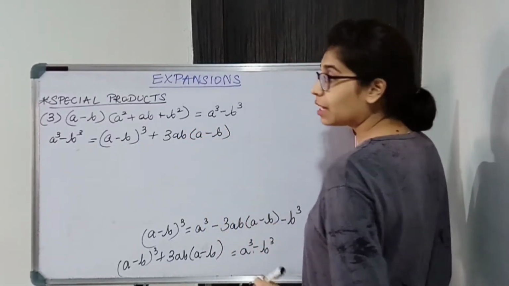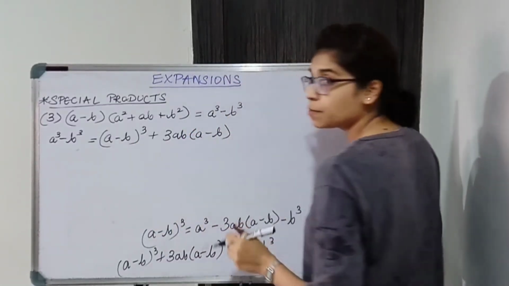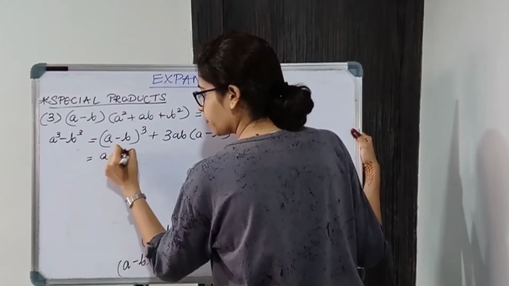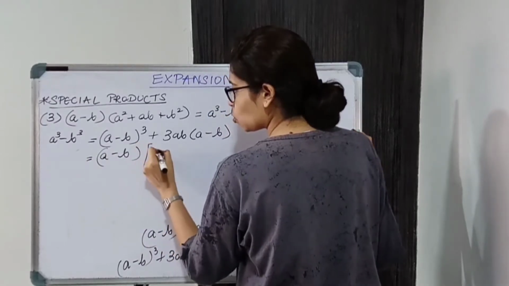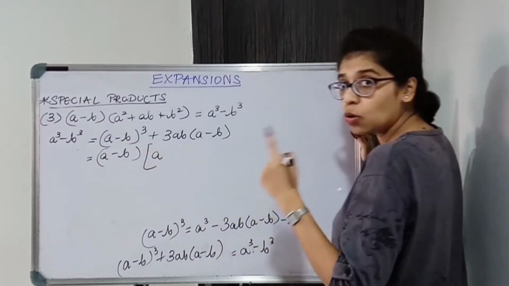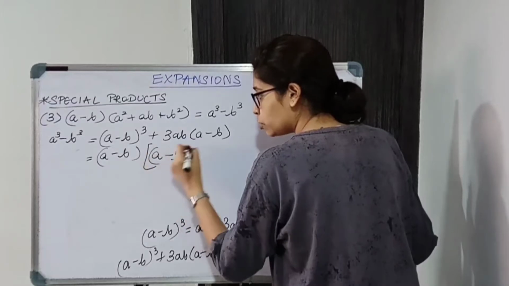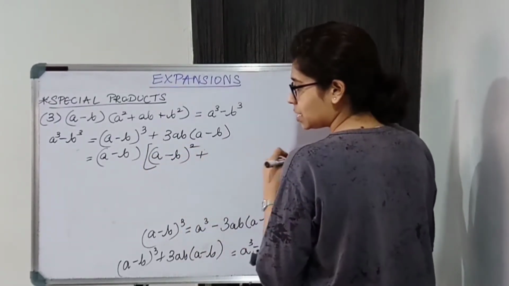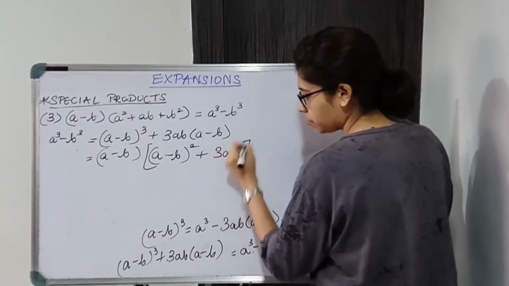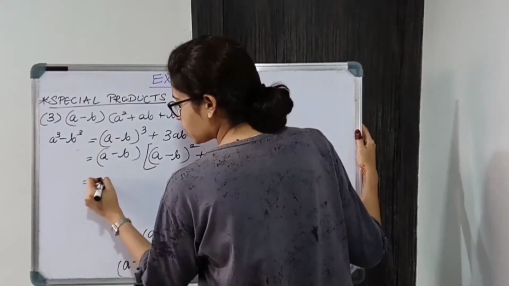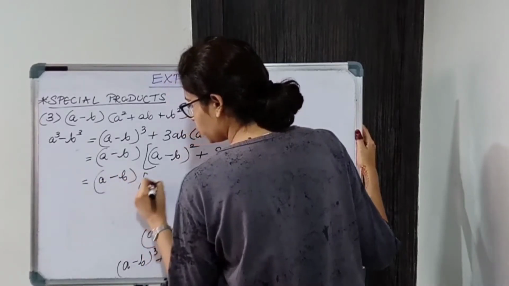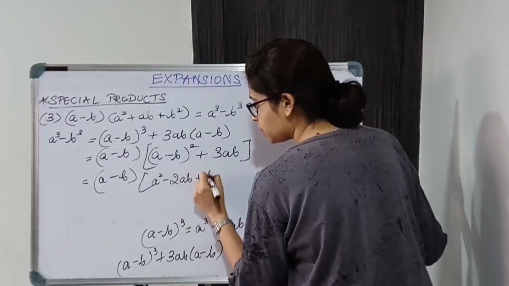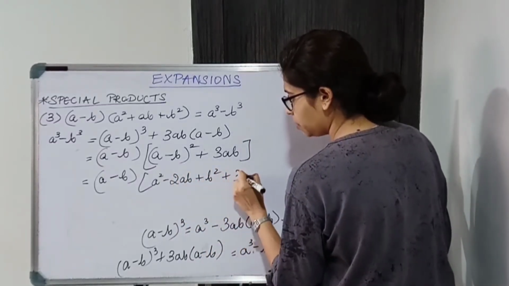Now if you notice, there is (a minus b) and (a minus b). So what we'll do, we'll take (a minus b) common. So over here, one (a minus b) goes, so we are left with (a minus b) the whole square plus 3ab. Now (a minus b) the whole square is a square minus 2ab plus b square, plus 3ab.